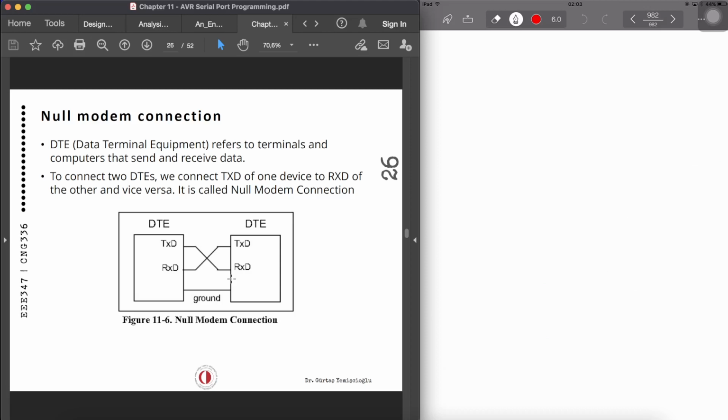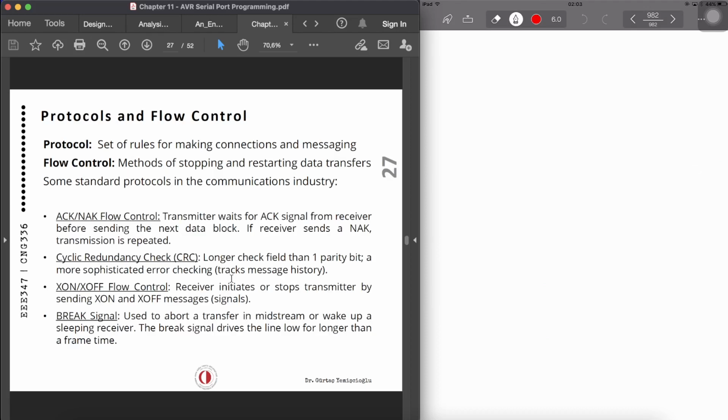Now, when we are having this serial communication, we have to be careful how the protocols are working and what the flow control will be. Protocol is just a set of rules for making the connections and the messaging. And flow controls are just the methods of stopping and starting the data transfers.